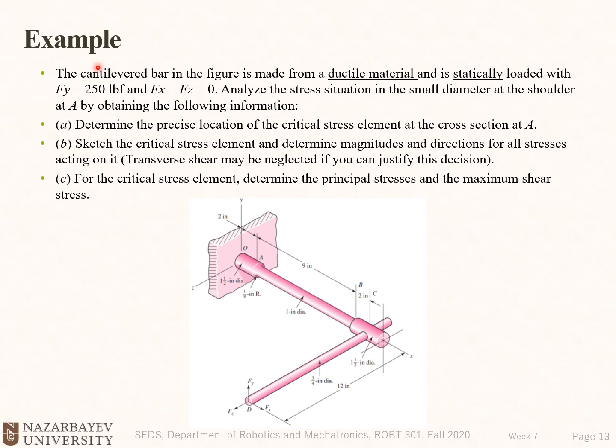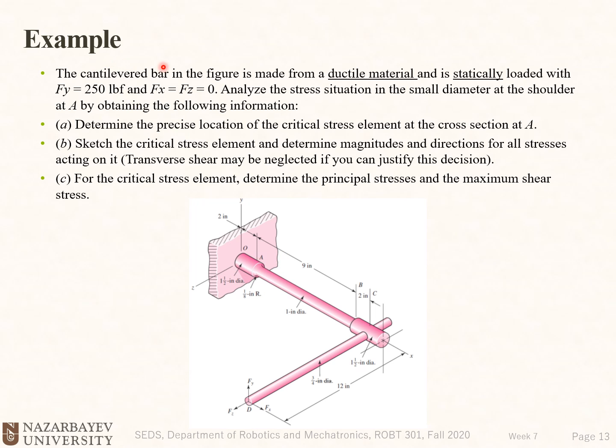Here we have one example that could potentially have some level of stress concentration. We have a bracket as before, but we could see that here in the cantilever beam, we have this fillet, and this fillet could potentially cause some stress concentration, and we need to take this into account.